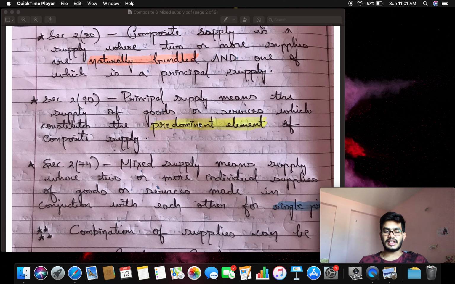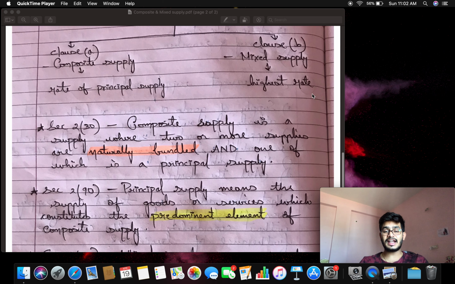In that gift pack there are almonds, cashew nuts and apricots, and for the three the price is 1000 rupees. On that 1000 rupees, what GST rate is applicable? The highest rate is taxable.